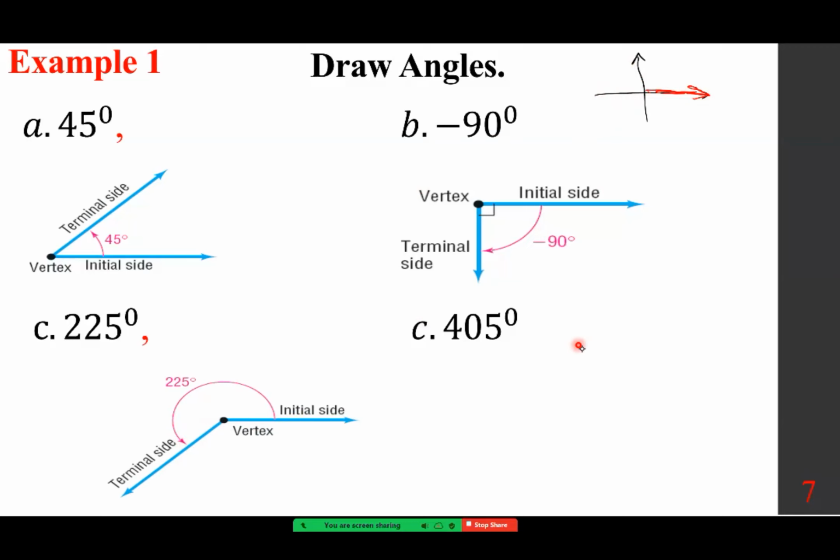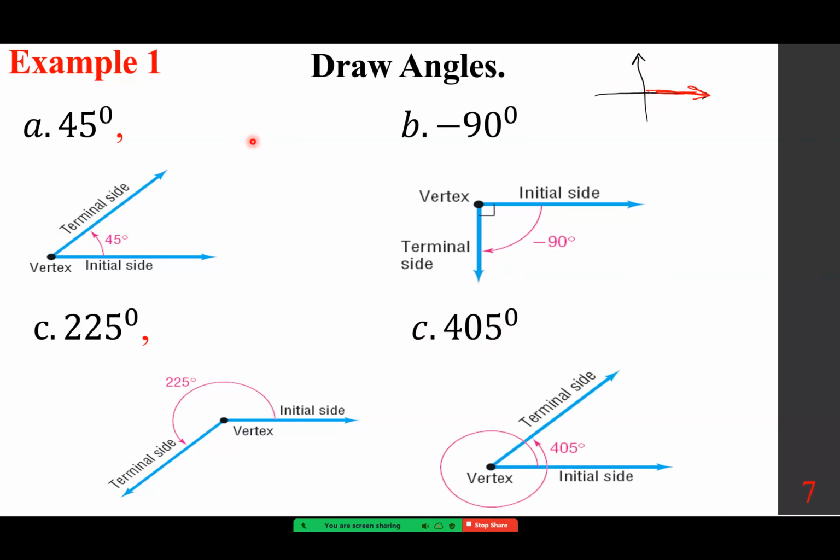Notice 405 is more than 360 degrees. A complete revolution is 360 degrees. Since this is more, you go a complete revolution and what else? If you subtract 360 from 405, you get 45 degrees. So a complete revolution and more by 45 degrees.